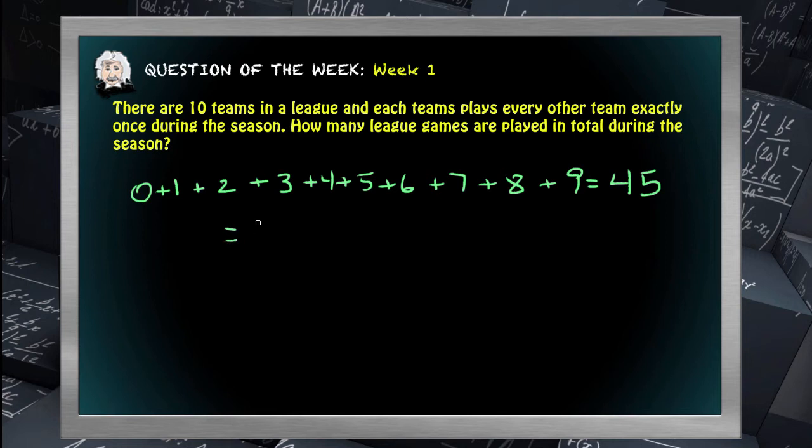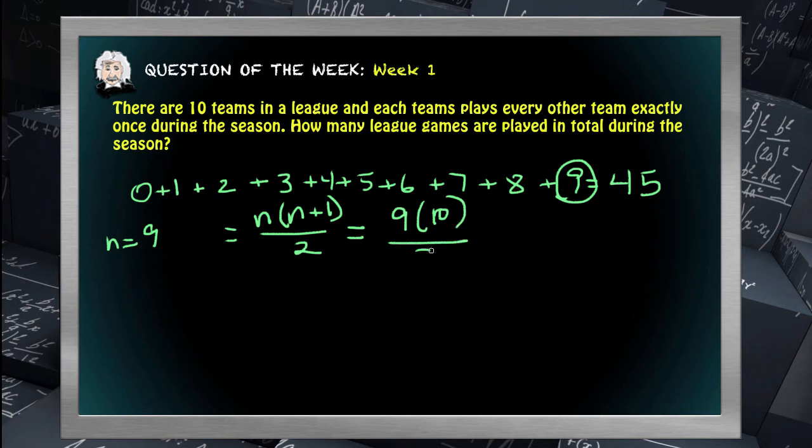And that sum, consecutive integers 1 to n, is n times n plus 1 over 2. In this case, n equals 9. That's our final nth term in the series. So that is 9 times 9 plus 1 is 10, divided by 2, which equals 45.